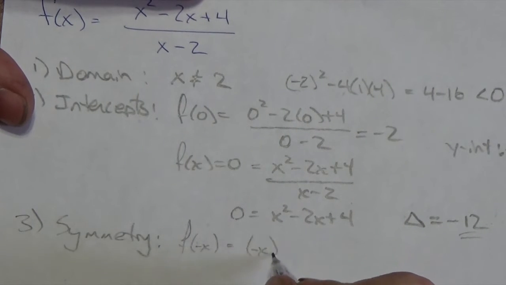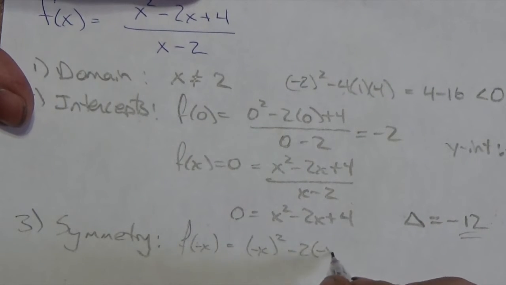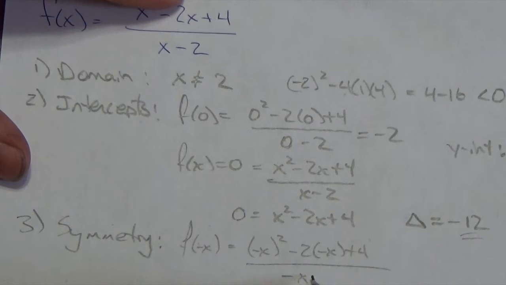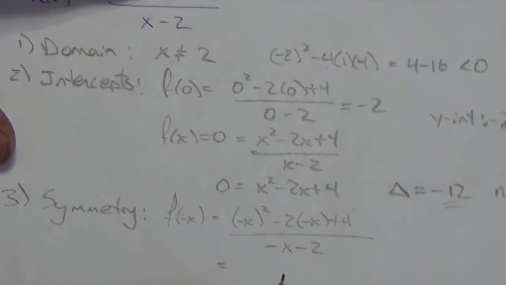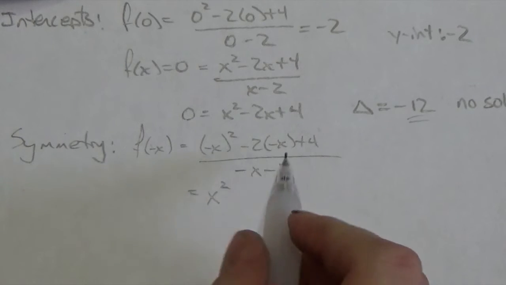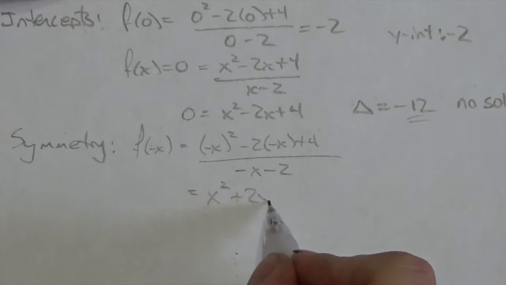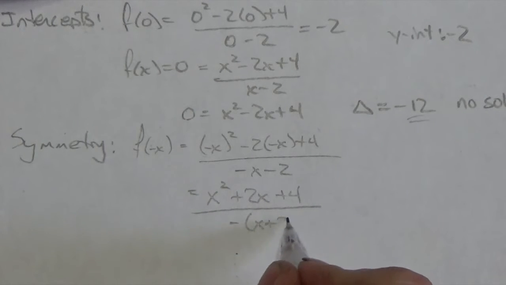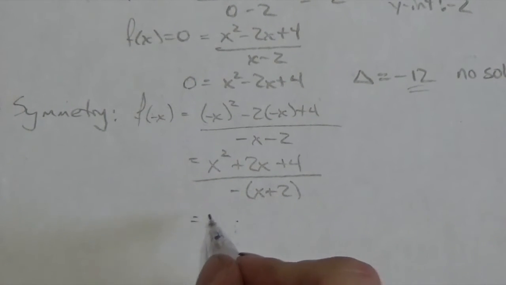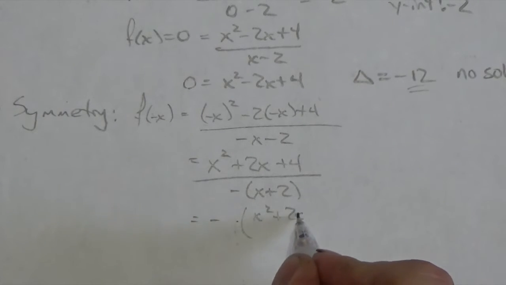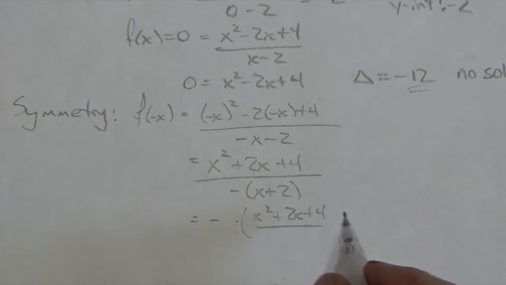So if I plug in negative x squared minus 2 times negative x plus 4, all over negative x minus 2. The negative here disappears because of the square. This becomes positive 2x. 4 doesn't change, and then I can factor a negative out of the denominator. So the whole thing, I can take that negative out there, out of the whole thing, and make that x squared plus 2x plus 4 over x plus 2.